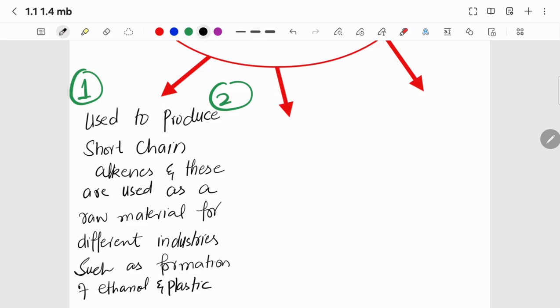The second use is that it is used to produce hydrogen.